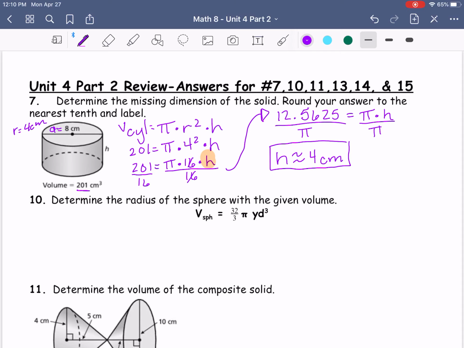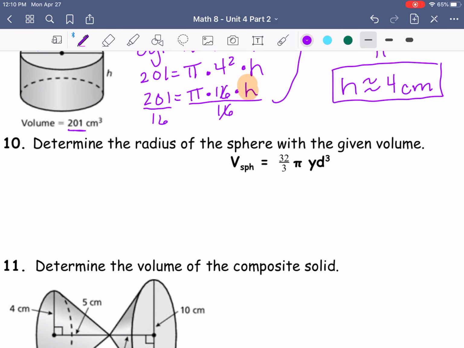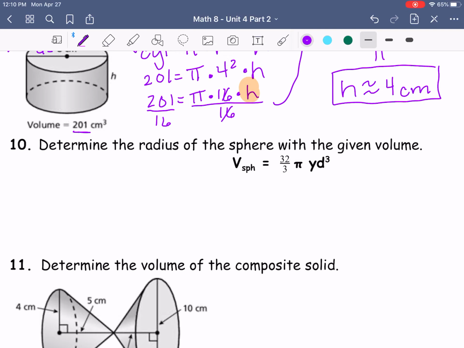Okay, moving on to number 10, determining the radius of the sphere with this volume. Our volume is 32 over 3 pi yards cubed. Remember, the volume of a sphere is 4 times pi times the radius cubed divided by 3.